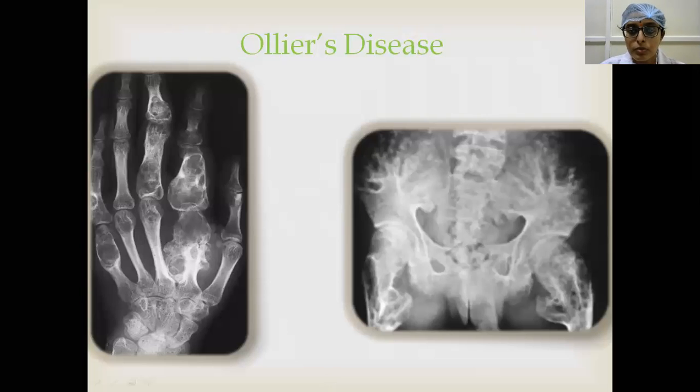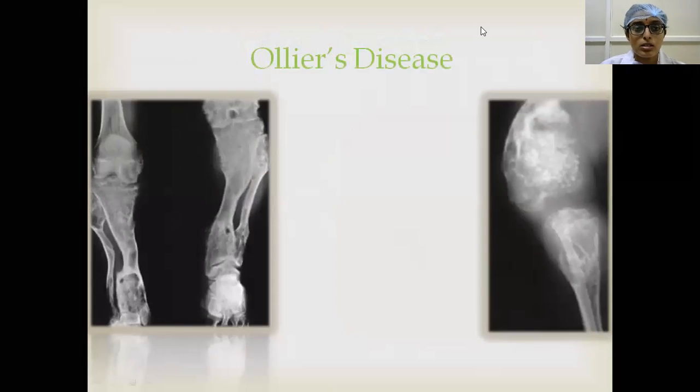Here also you are seeing multiple enchondromas. I am pointing out with the cursor. This is also an X-ray of Ollier's disease, where you can see multiple enchondromas, and the bubbling of the bones can be appreciated, and there is shortening of the limb also present here.